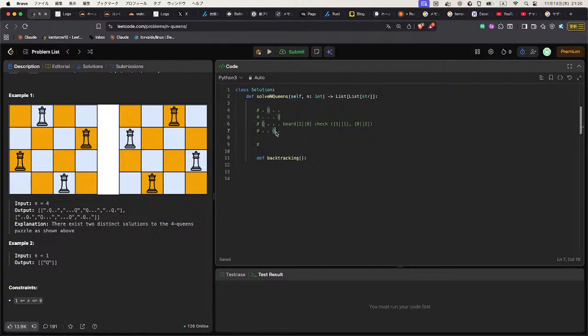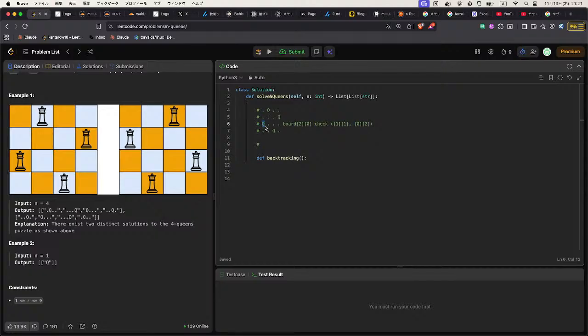If we place the queen at last here, we have to check 3 times, right? So for the first row, we don't need to do that, and for the second row we have 2 rooms to check diagonally, right?